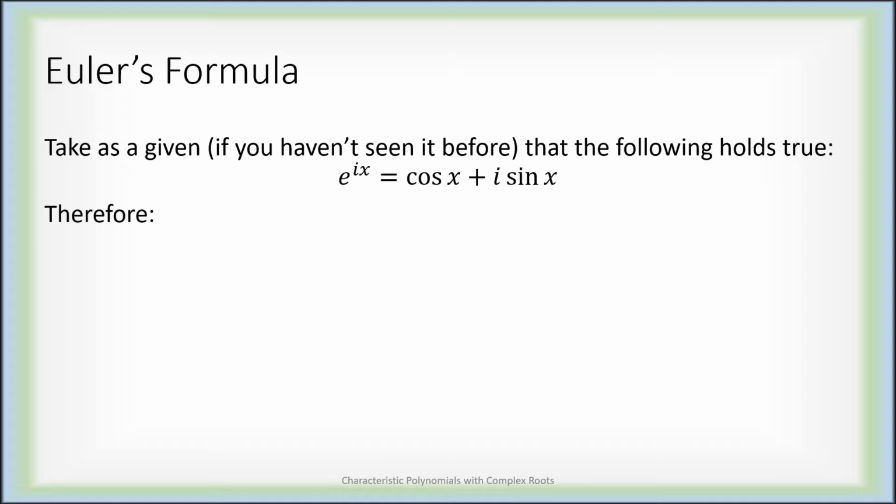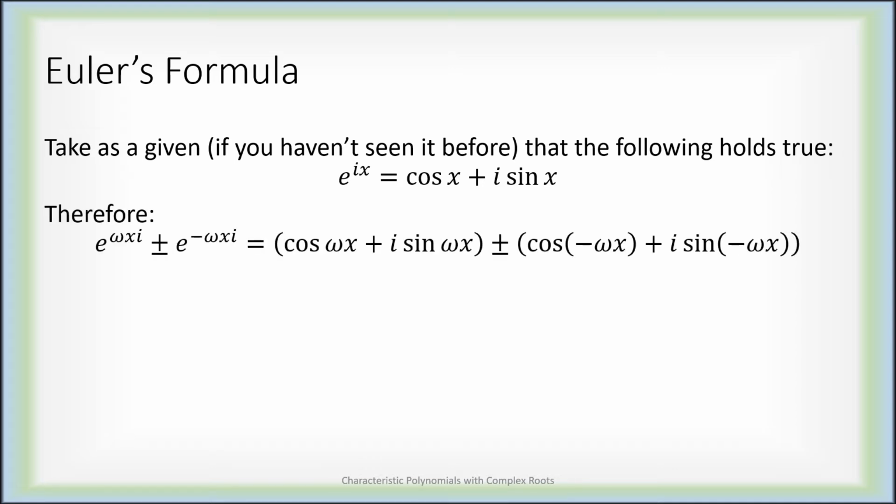Now if this formula is true, which it is, then we can start computing e to the omega xi plus or minus e to the minus omega xi. First term, e to the omega xi, so I get cosine omega x plus i times the sine of omega x, plus or minus.